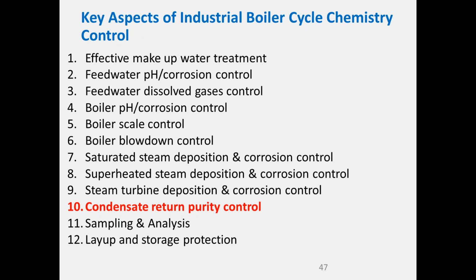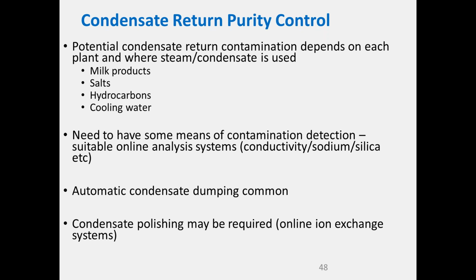So even if some of your steam is consumed in your process, you want to make sure that whatever's coming back in your condensate, before you put it back into the boiler, is meeting specification. You don't want to spend all this time and effort making good quality makeup water only to find your condensate is highly contaminated when it comes back. It could be milk, salts, hydrocarbons, or your cooling water.